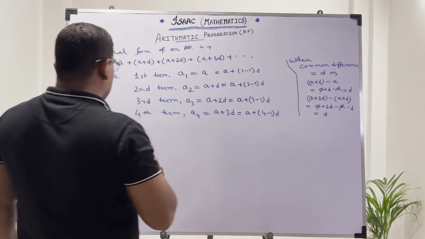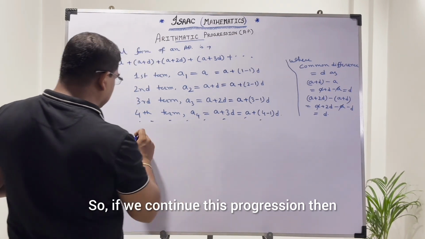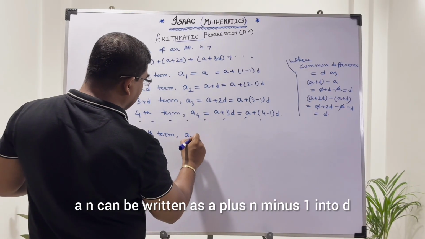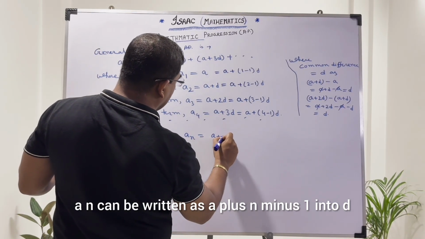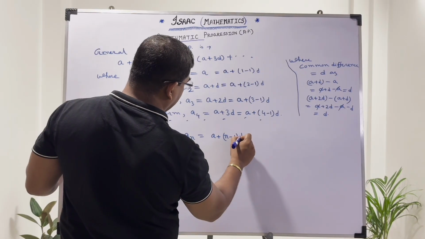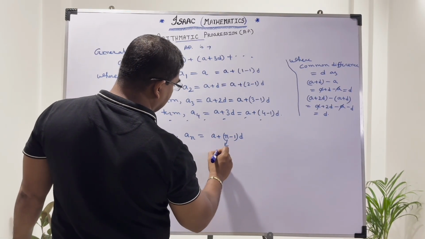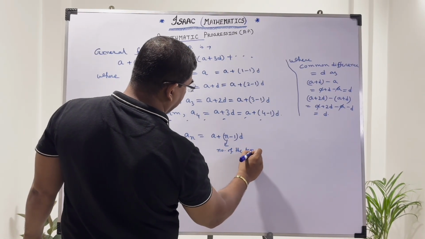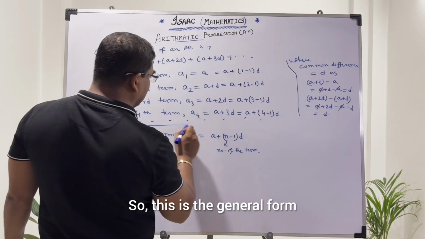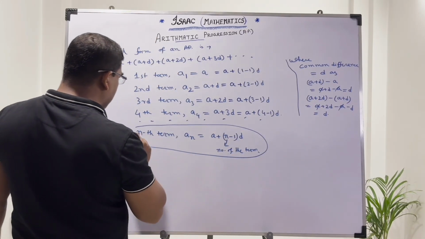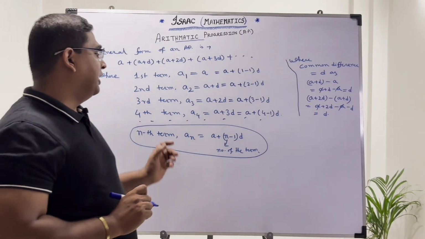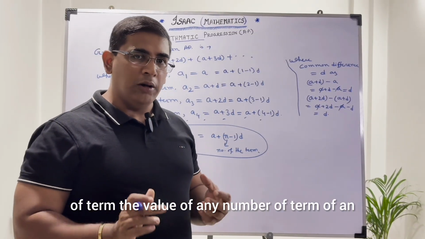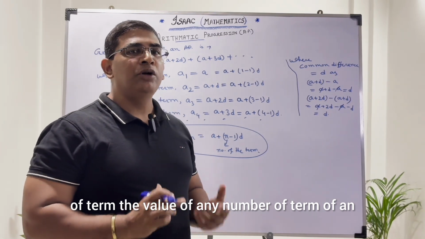Okay. So if we continue this progression, then nth term an can be written as a plus n minus 1 into d, where n represents number of the term. Okay. So this is the general form by which we can find nth term, or you can say the value of any number of term of an AP.